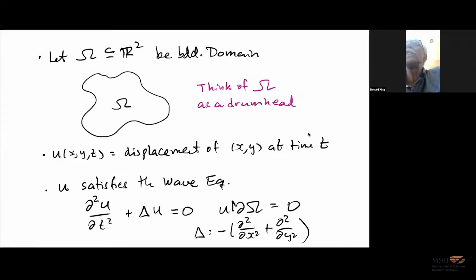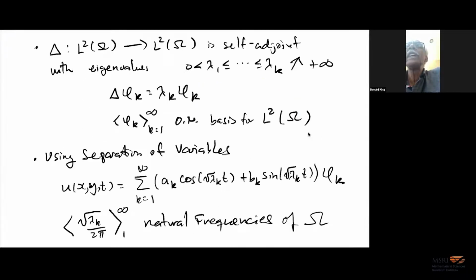And so there's an old method, I don't know exactly to whom it's due, of so-called separation of variables. And what we find is that this Laplacian has a sequence of eigenvalues, which we denote lambda 1, etc., up to lambda k.